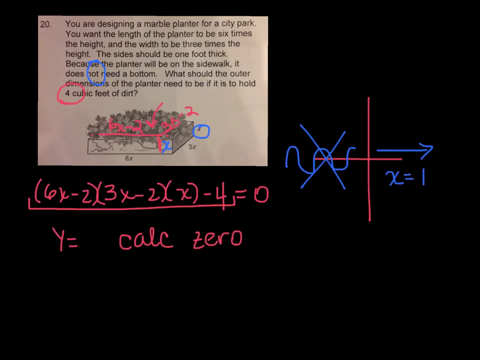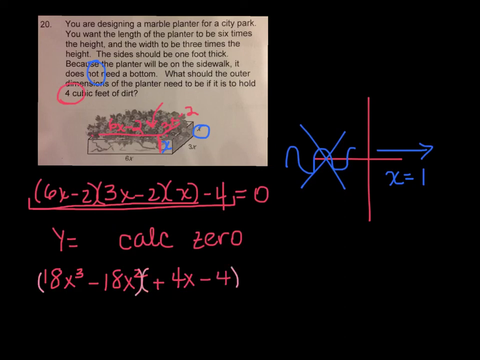Now, if I wanted to multiply this all out and do it by hand, I would multiply this all out and subtract the 4, so I would get 18x cubed minus 18x squared plus 4x minus 4. I'm going to attempt to group it.